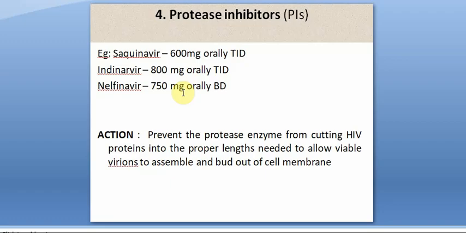Nelfinavir we give 750 mg orally twice a day. What protease inhibitors do is they will inhibit the protease enzyme from cutting the HIV proteins into proper lengths. So thereby you can tell that this also will prohibit the viral replication.